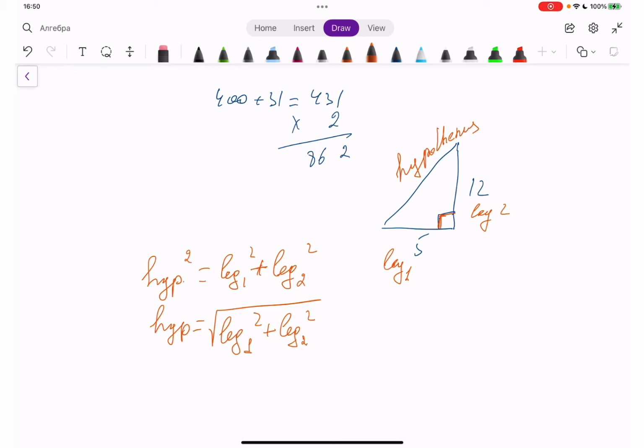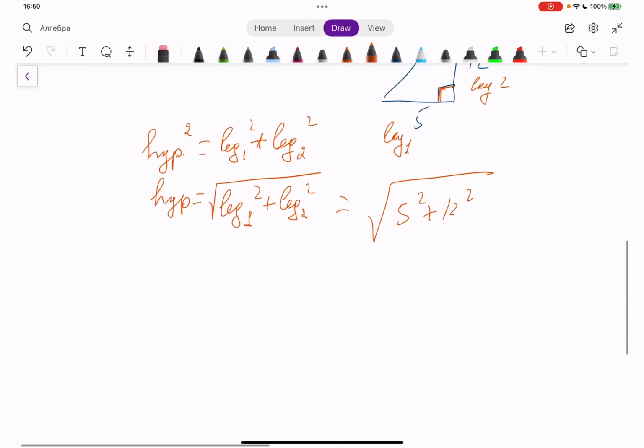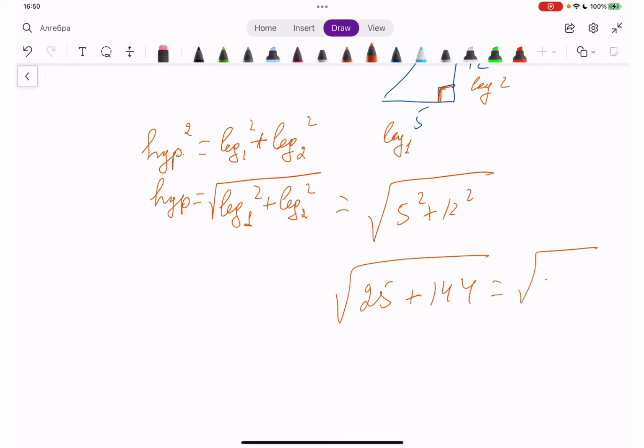Okay, so we have 5 squared plus 12 squared, and this is going to be 5 squared 25, 12 squared 144, and we are getting how much? 169. I believe 13 comes out.